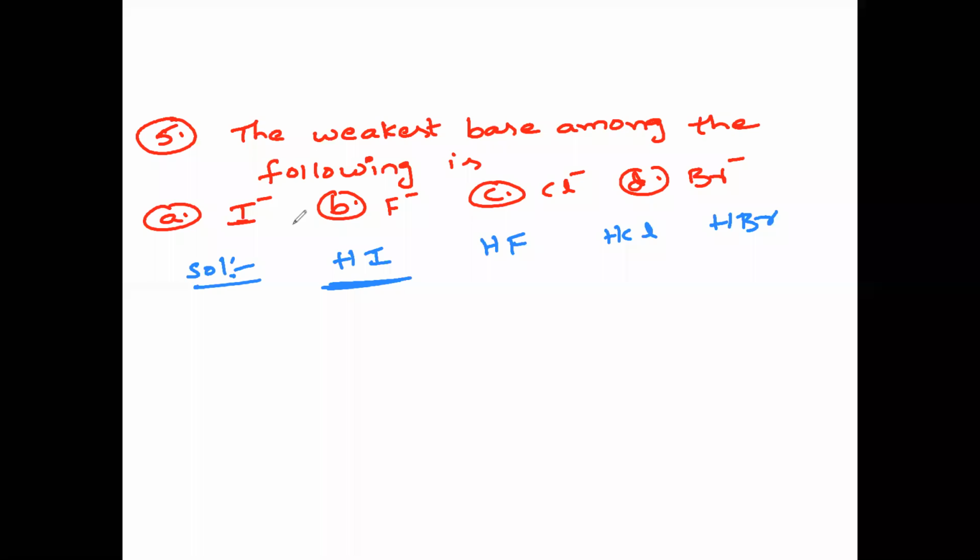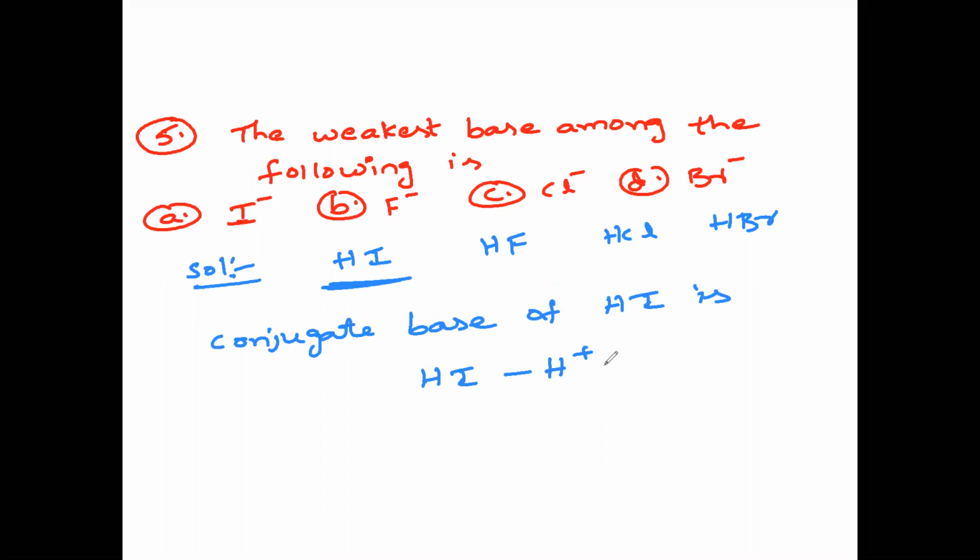The conjugate base of hydrogen iodide is HI minus H plus, because to get the conjugate base we have to subtract H plus, so it becomes I minus.